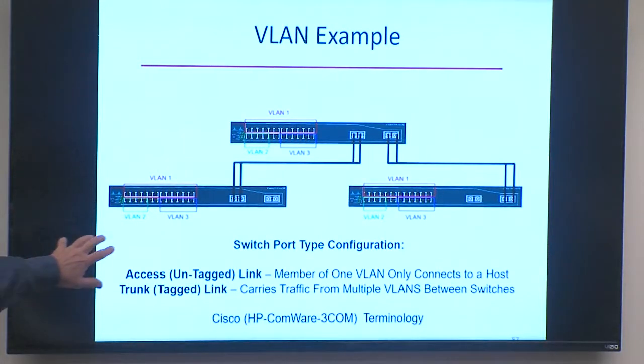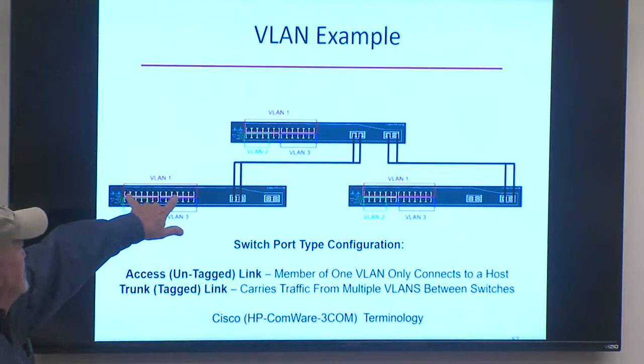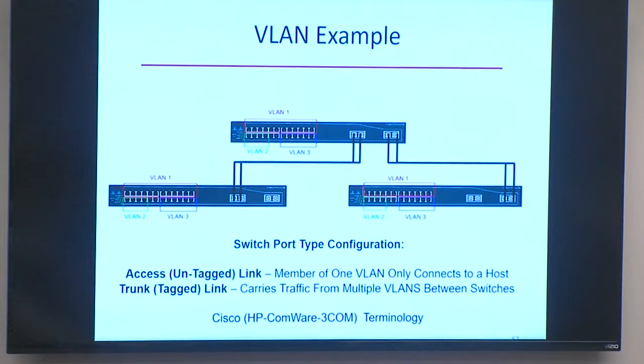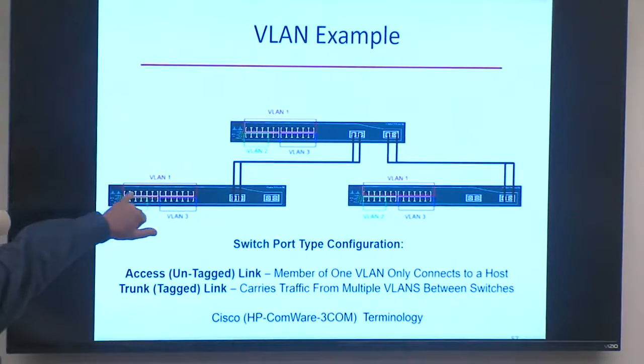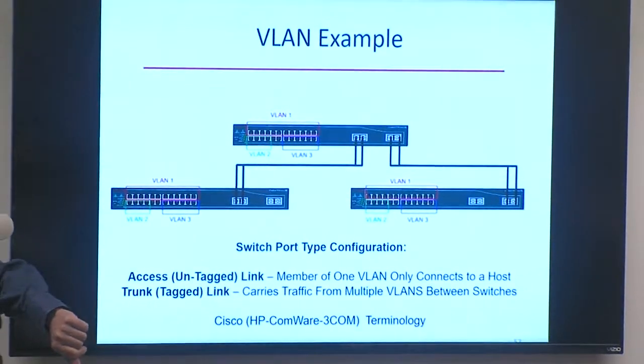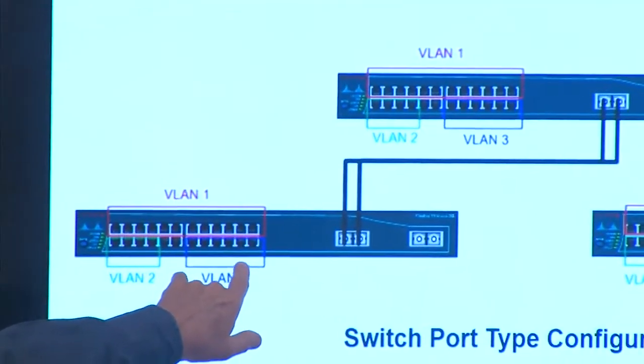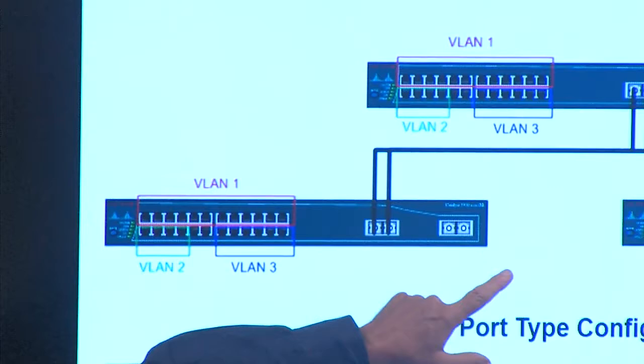I have configured the ports on each of these switches identically, right? In other words, I've taken the top ports on this switch and I've configured them to be a member of VLAN 1.